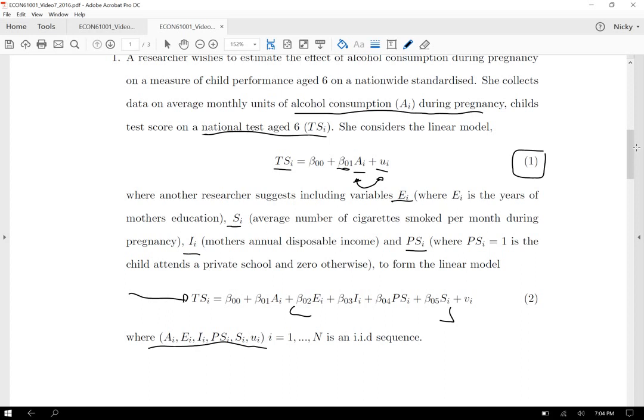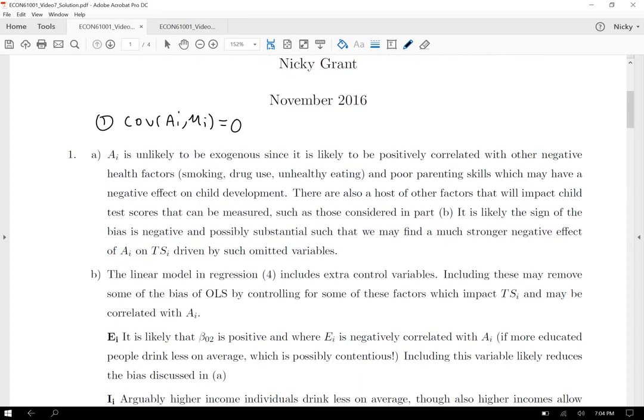So the question is getting at, is it likely that alcohol consumption is unrelated to all these other factors U_i which are also driving test scores? So the way to think about this is, what are the other variables which drive test scores which may be correlated with their level of alcohol consumption? And again, we've given some examples down here which will form part of question 2. We've given some examples of these factors which may drive test scores.